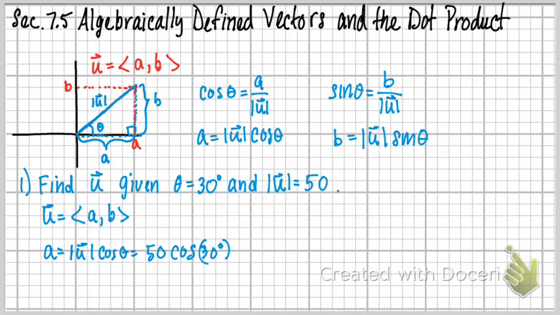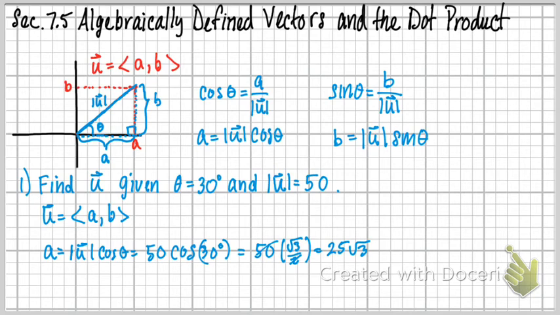So now when I work this out, that's going to equal 50, and what is the cosine of 30 degrees? Hopefully you guys are okay with saying square root of 3 over 2. And if not, get comfortable with that, guys. This last test is going to be full of this stuff. And then I can simplify this because of 50 and 2. So it's going to be 25 square root 3 for the A component.